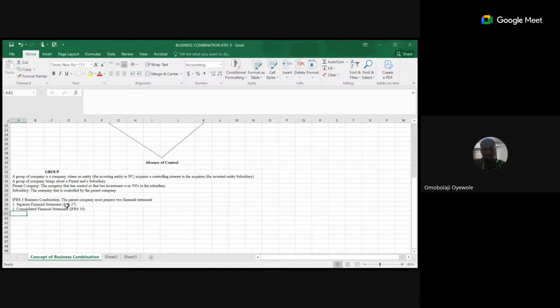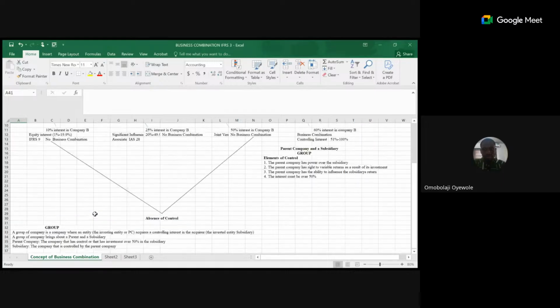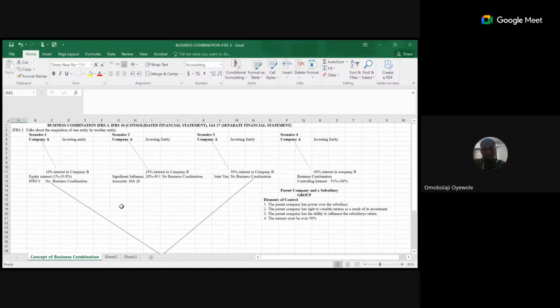So that's what we are saying. Since there is now a parent company and a subsidiary, how do we account for them? So the overall concept of what we want to start learning is, how do we account for a group? But before we start, we need to understand what brings about a group.